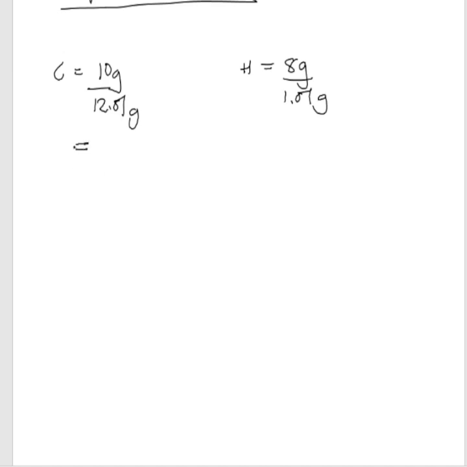So we're going to find it for carbon. 10 divided by 12.01 is approximately 0.83.